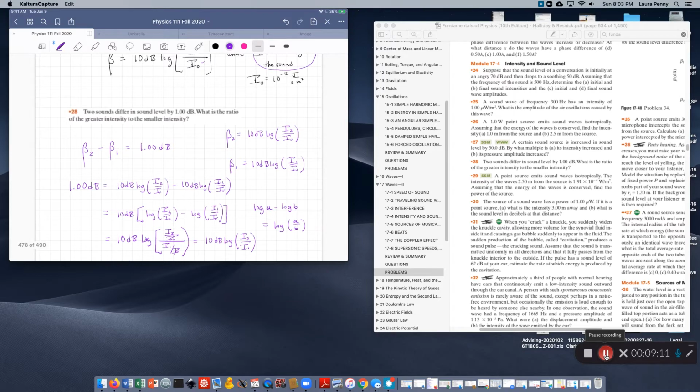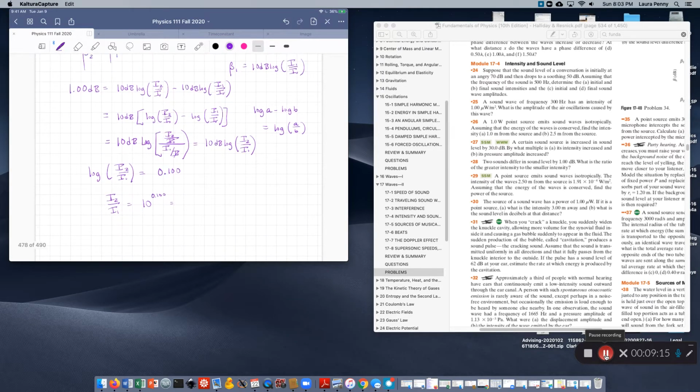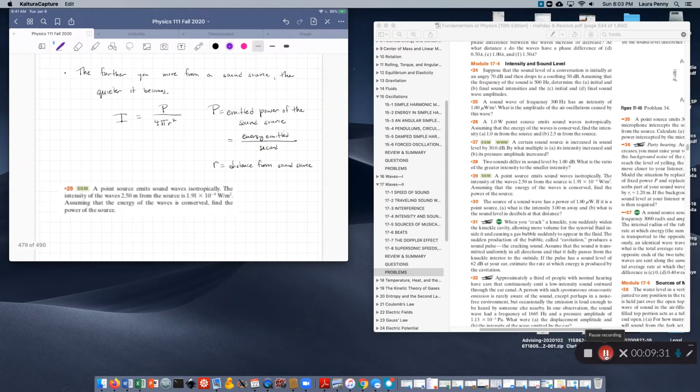Right? And that's what it's trying to do. What's the ratio of the greater intensity to the smaller intensity? That's what we've got right here. So inverse log of 0.1 is 1.26.